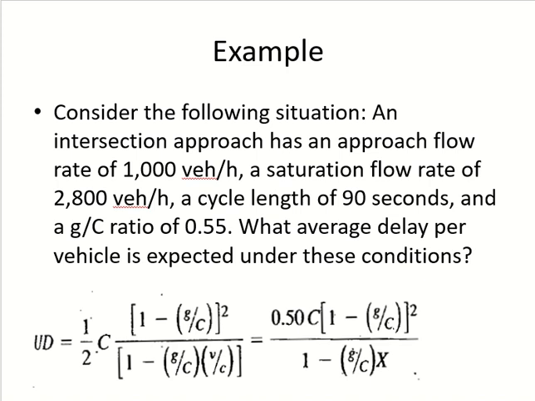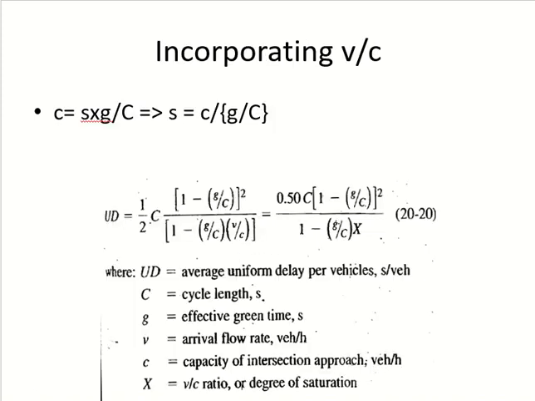Capacity is not given, so you cannot calculate what? The B by C ratio. You cannot calculate X. How do we calculate capacity? Okay, saturation flow rate into G by C ratio.